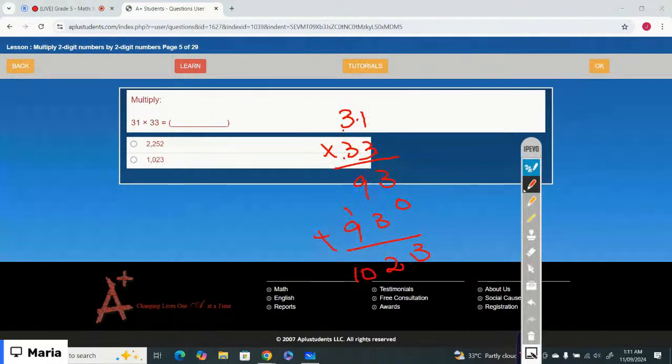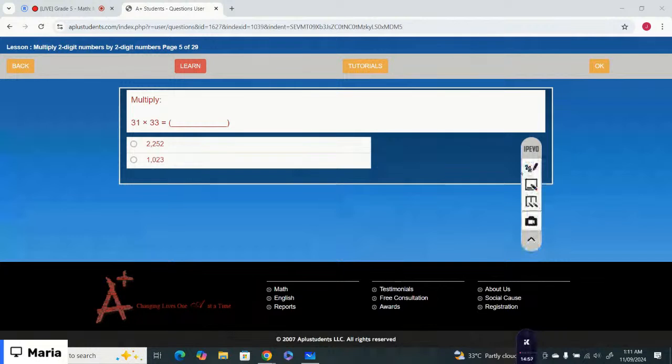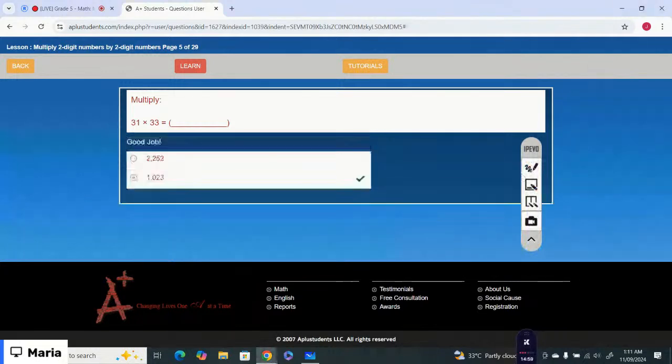That is 1023. The correct option is option number 2, that is 1023.